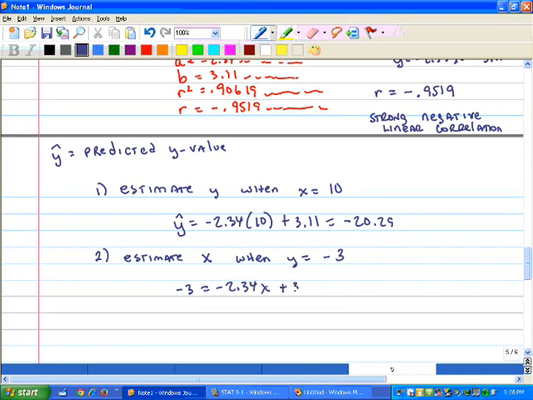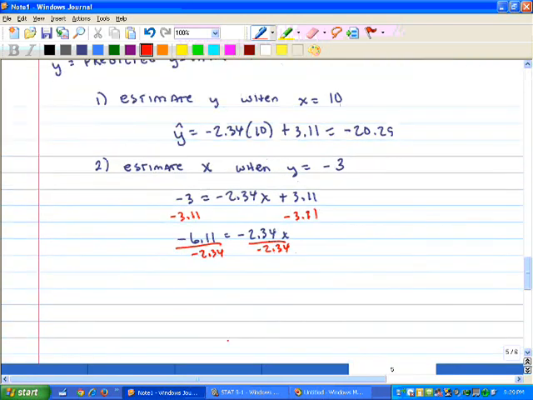We'll subtract 3.11 from both sides. Negative 6.11 equals negative 2.34x. We'll divide both sides by negative 2.34. And we'll get x equals 2.61.